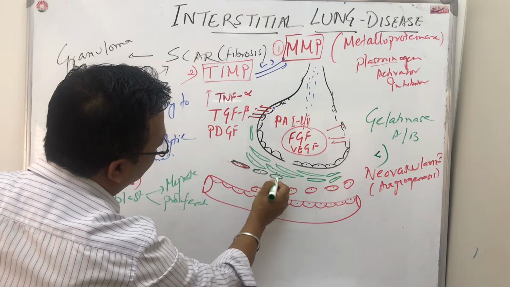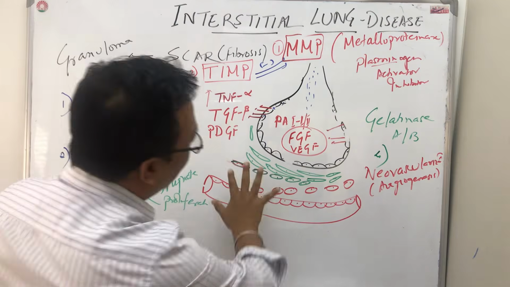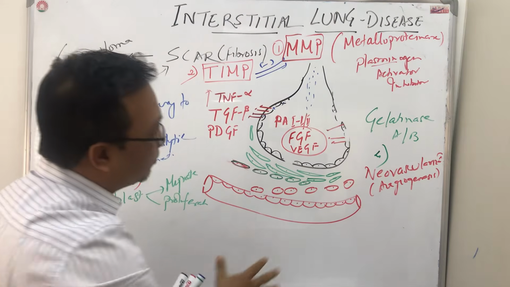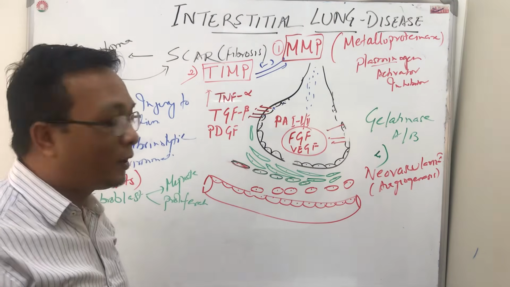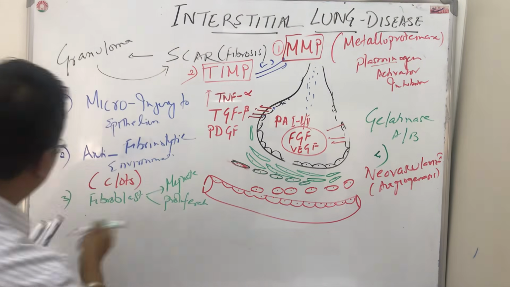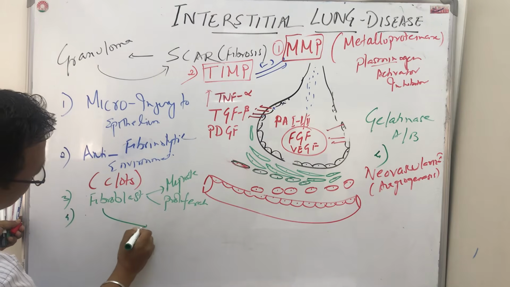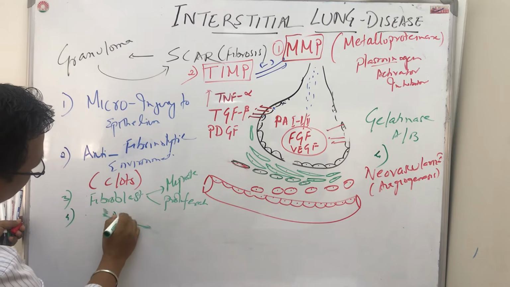Now more and more fibroblasts are deposited, and these fibroblasts, along with the blood vessels, have become myofibroblasts.